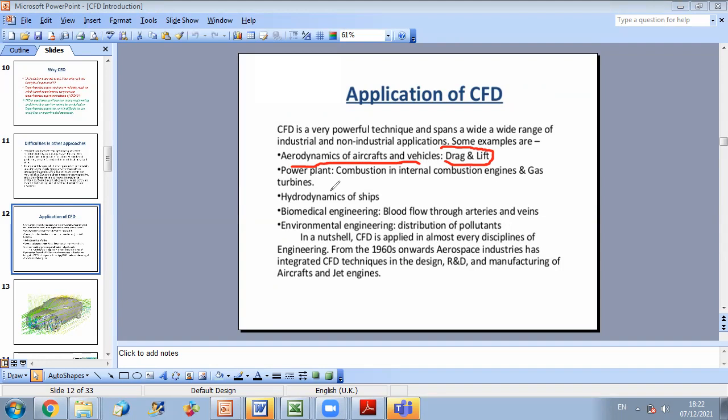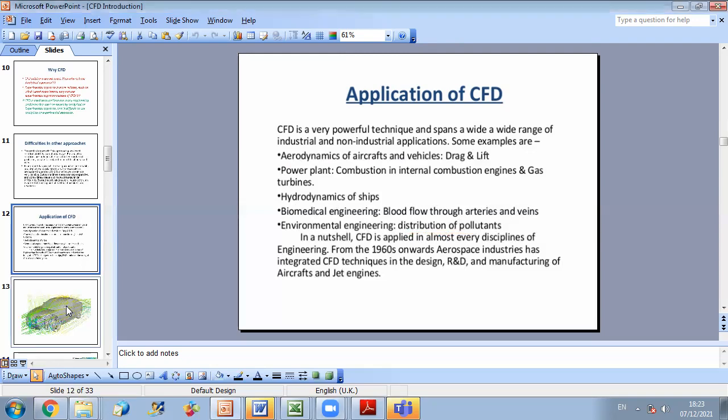You can study what is happening in gas turbines. You can study biomedical engineering applications such as blood flow through arteries and veins. You have a lot of applications also in environmental engineering. You can study the distribution of pollutants in space. So as you can see, CFD has a variety of applications. This is why it's a very interesting field.